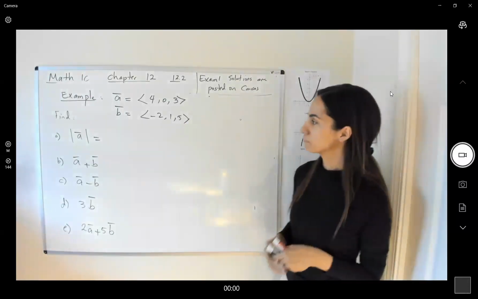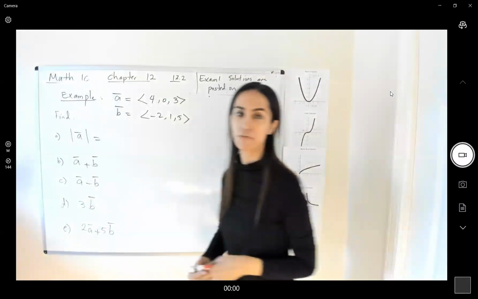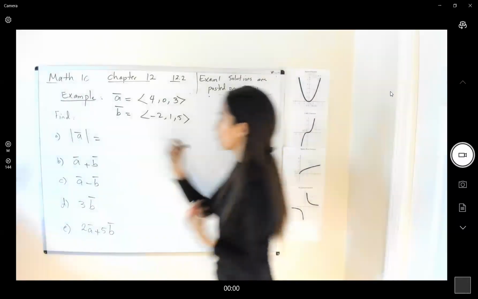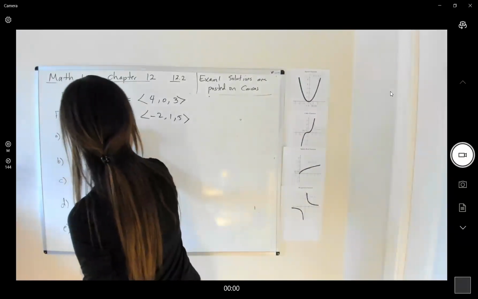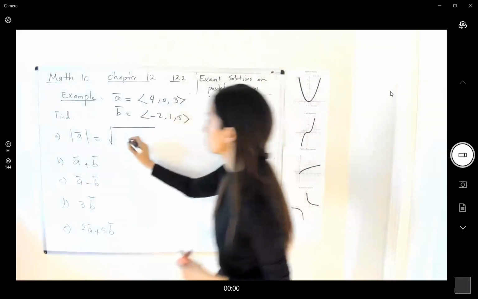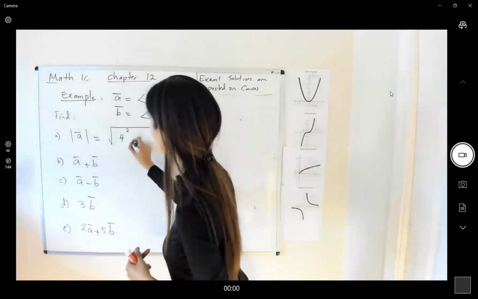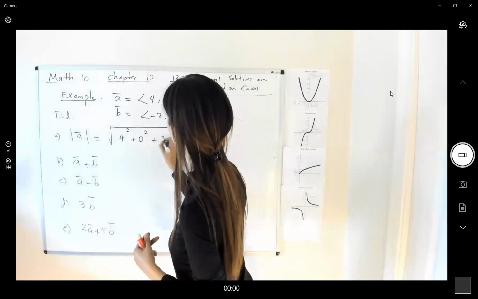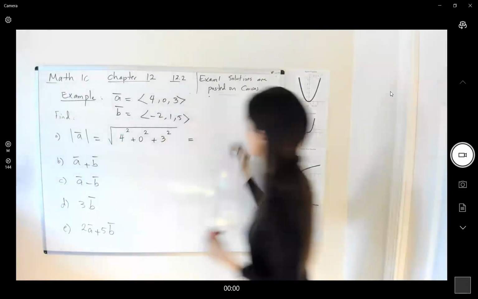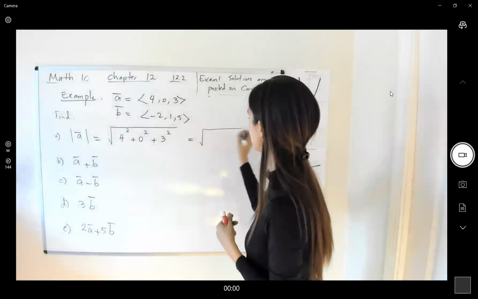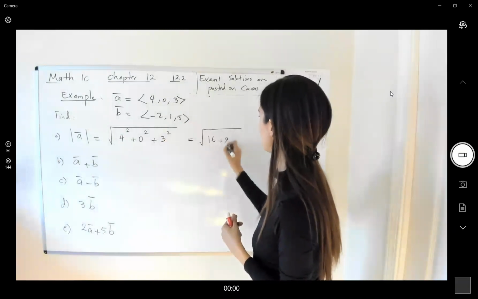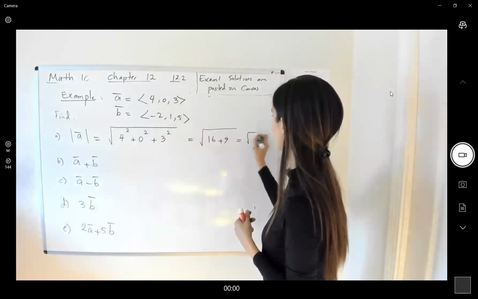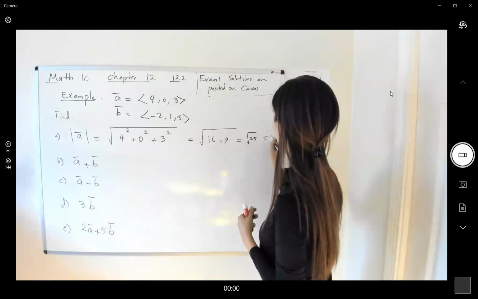There you go. Let's follow the definition of magnitude or norm of vector A. You take the first coordinate squared, plus the second coordinate squared, plus the third coordinate squared. So we get the square root of 16 plus 9, or square root of 25, or just 5.